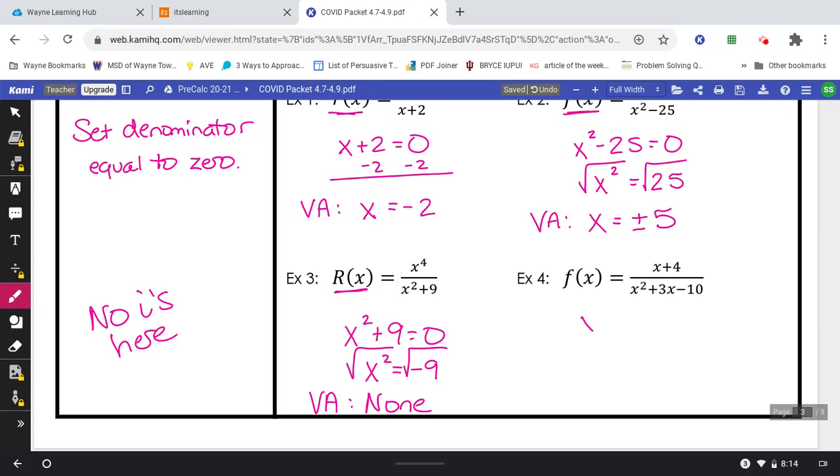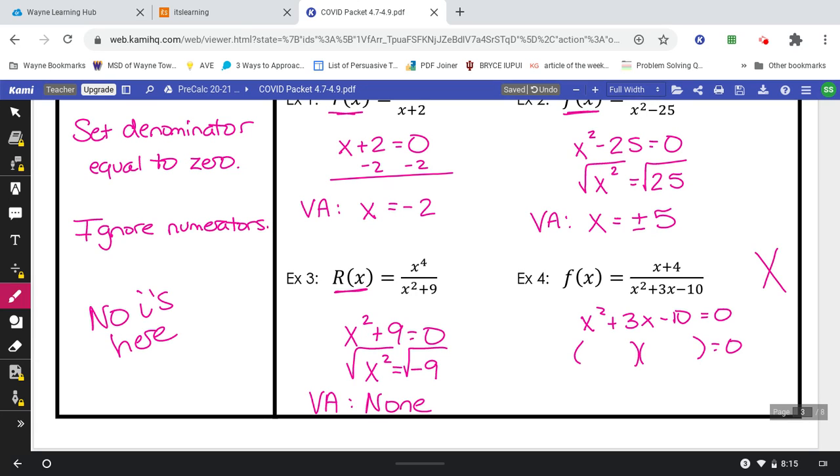Example number 4, take your denominator. Set it equal to 0. Ignore the numerators for right now. I'll make a little note of that too. This is a factoring problem. I have 3 terms. We call it a trinomial. And we are going to factor it.